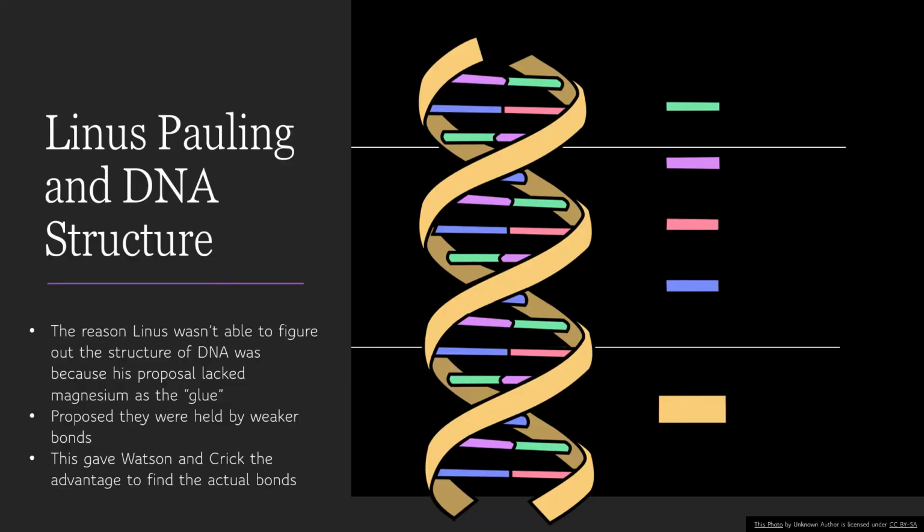Now, Linus Pauling is someone who was also trying to figure out the structure of DNA and was actually able to publish a paper before Watson and Crick.